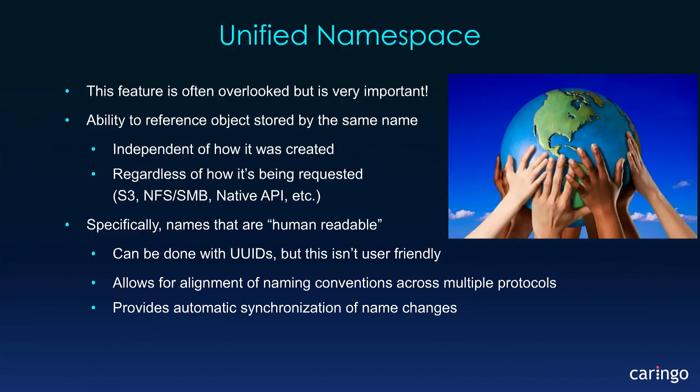So just keep in mind that you should have access to the exact same namespace. It doesn't matter what kind of protocol you use to do that, right? If I have a bucket on my object storage system, I upload a bunch of files over NFS, I should be able to see the exact same names and the exact same files over S3 if I open the connection using any S3 client application.